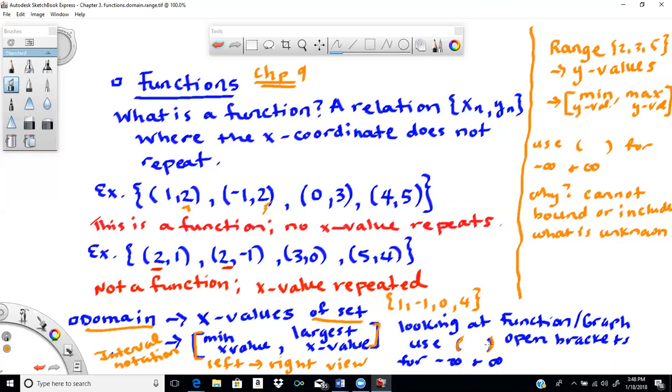Open brackets mean it's not inclusive, and you cannot bound infinity or negative infinity, so they'll always have open brackets. But if it has a point on the graph, then we can use closed brackets.